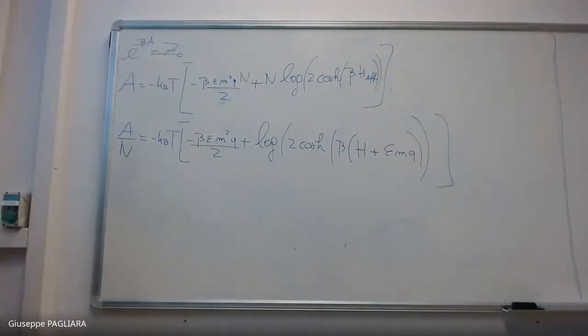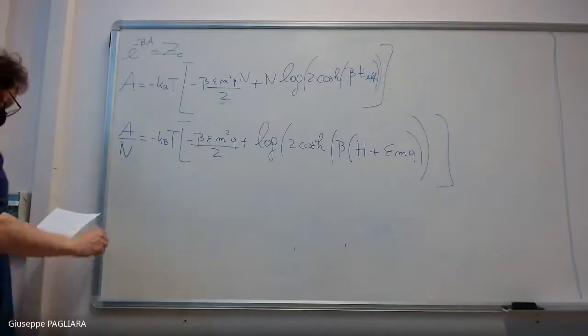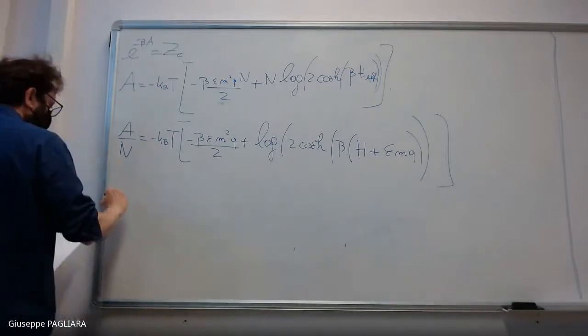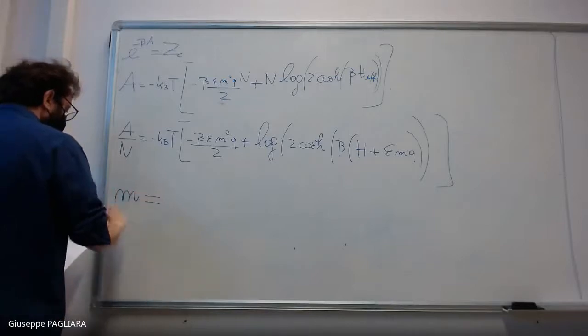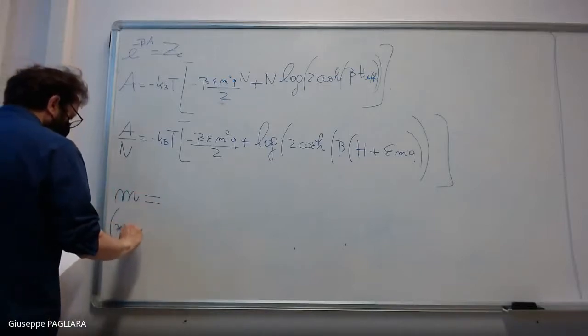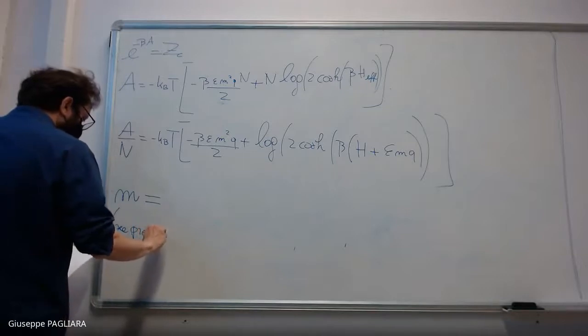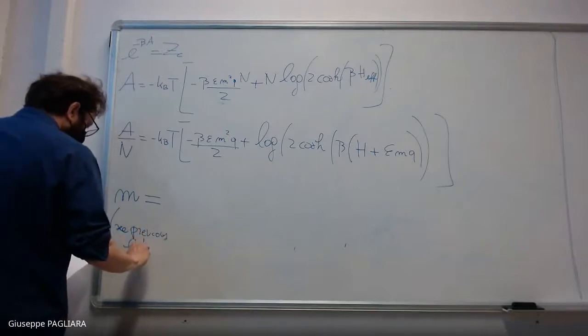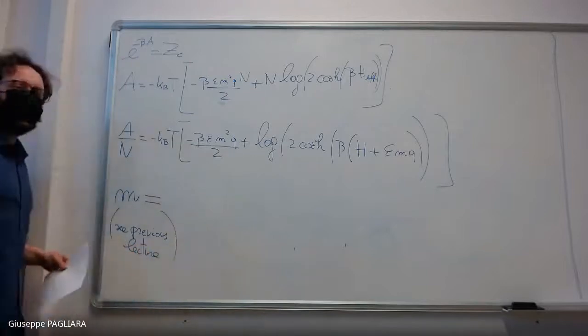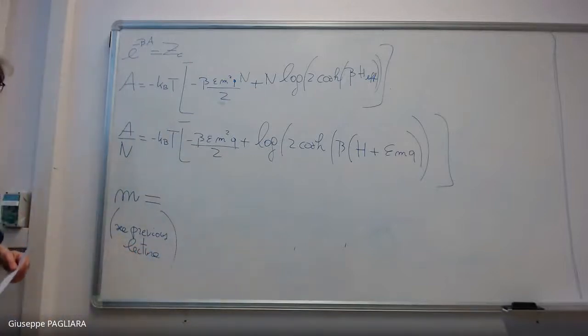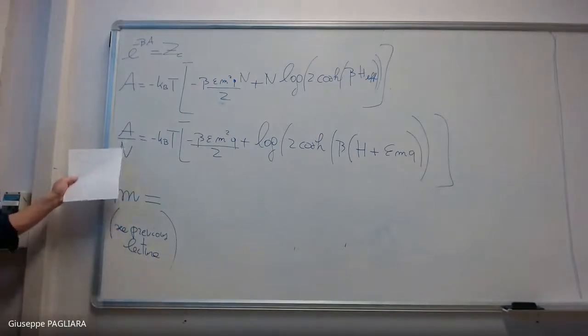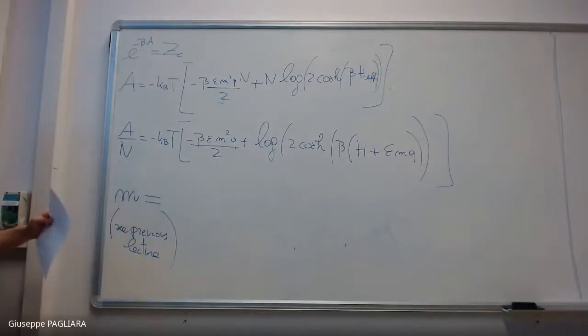Now it's a matter of calculation, and we see what happens. First of all, the first thing we would like to compute is m; see the previous lecture. m, the average magnetization per particle, is an ensemble average, and can also be computed directly from the Helmholtz free energy by deriving with respect to h.